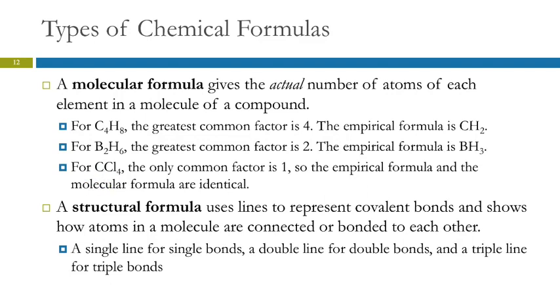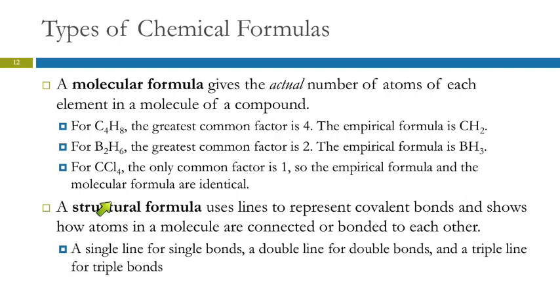That is already in its lowest form. And so here the empirical formula and the molecular formula are exactly the same. That can happen. The empirical formula for water is the same as its molecular formula, H2O. Those numbers cannot be reduced. Any questions about that?